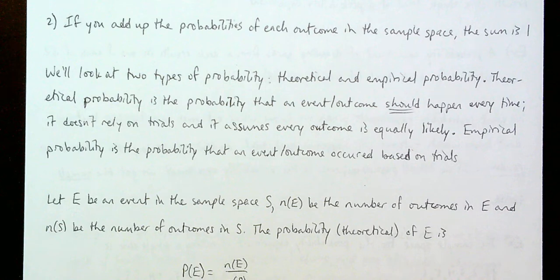That differs from empirical probability, which is the probability that an event or outcome happens based on trials. So now we're actually rolling that fair 6-sided die, or flipping that coin, or actually taking cards out of our 52 card deck, and we are recording what the results are.